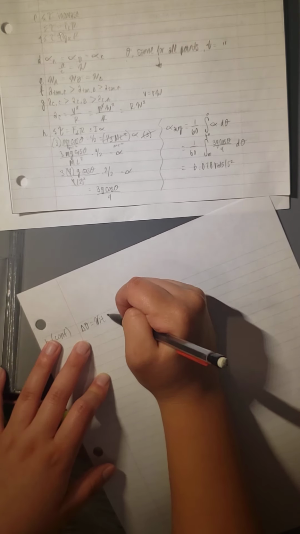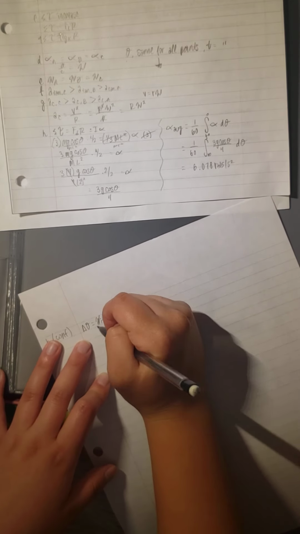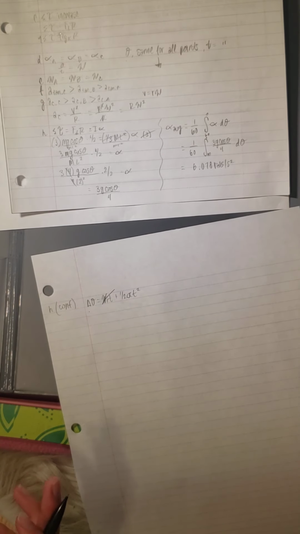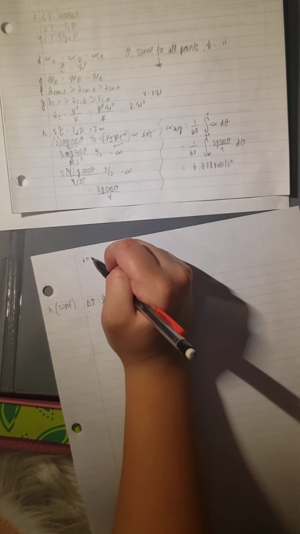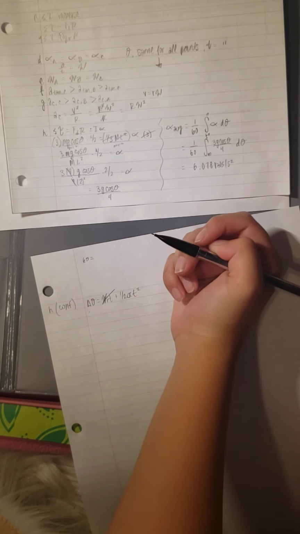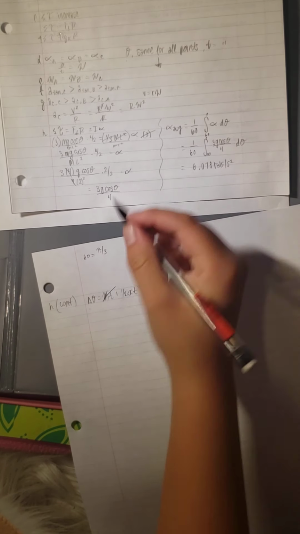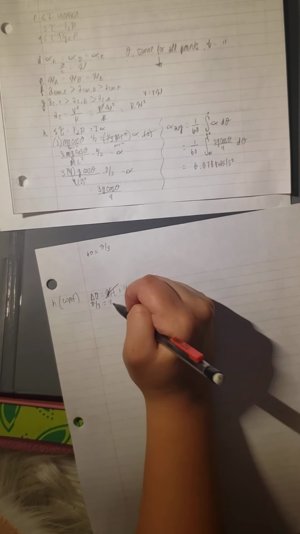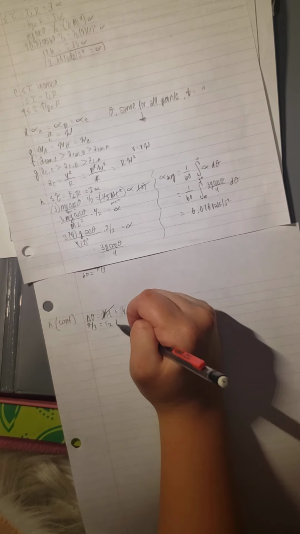I can't remember what it's called right now. It starts from rest. For this we need to convert 60 degrees to radians, so that's pi over 3. So we plug that in here, 1/2, and then we plug in the alpha that we found.